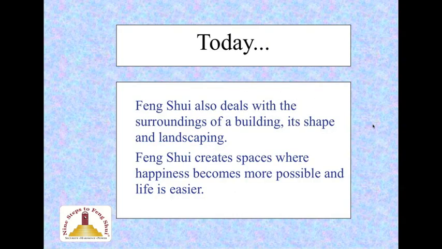Today, Feng Shui also deals with the surroundings of a building, its shape and landscaping. And Feng Shui is concerned with creating spaces where happiness becomes more possible and life is easier. Now, contrary to what some Feng Shui practitioners and masters will promise, the practice of Feng Shui is not going to bring you your loved one.